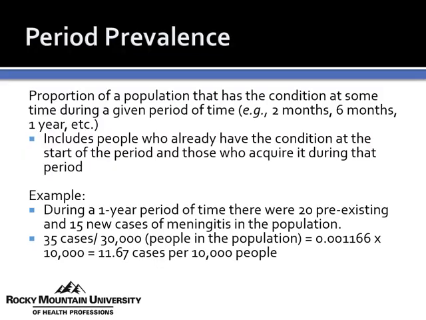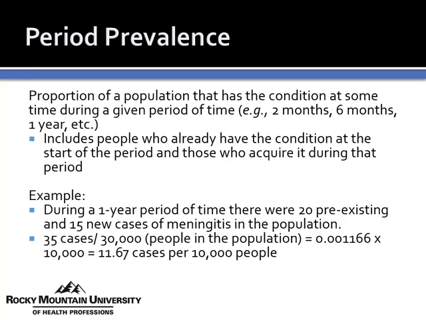Now, period prevalence, this is kind of like a mix between point prevalence and incidence. So it's the proportion of a population that has the condition at some time during a given period of time. It includes people who already have the condition at the start of the period and those who acquire it during that period.